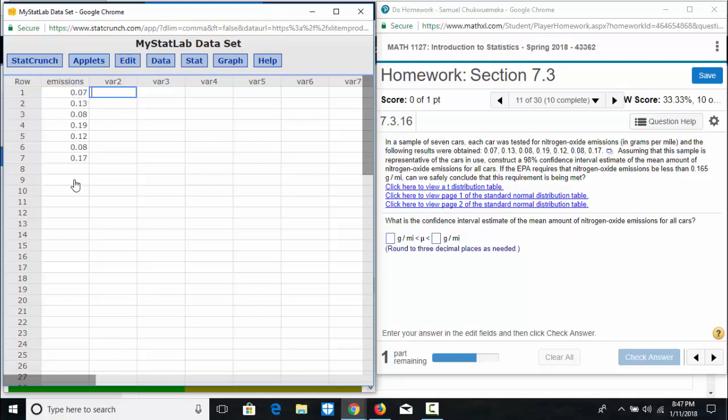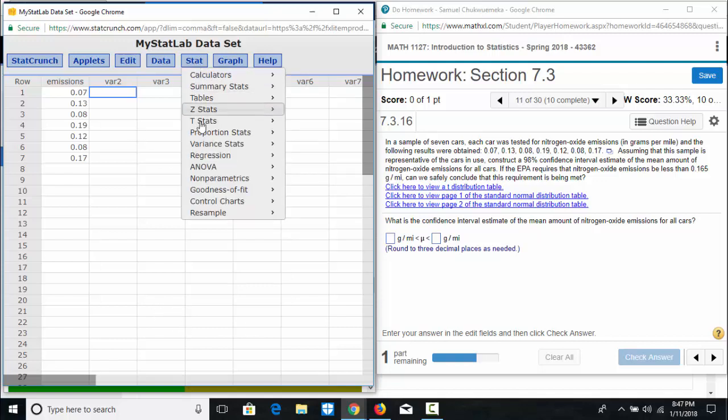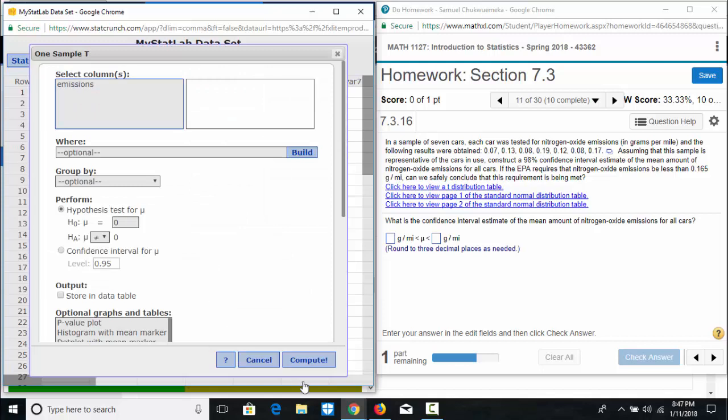Because we're given a sample, and we were not given the population standard deviation, we will not use Z. We will use T. So go to Stat, T stats, one sample with data, because they did not give us the sample mean and the sample standard deviation.